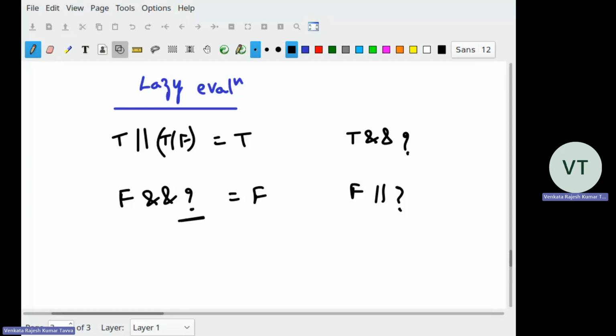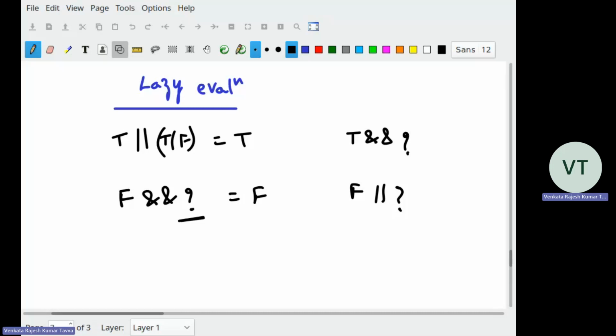All right, now let us slightly modify this. Now suppose I give zero here.